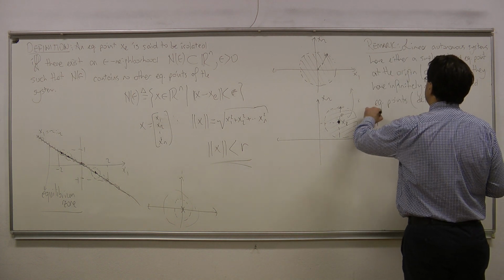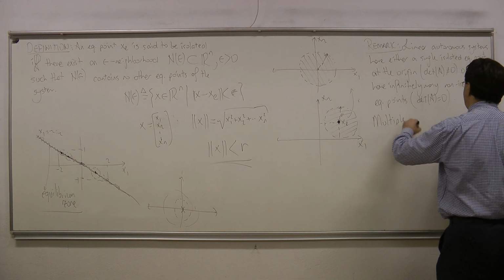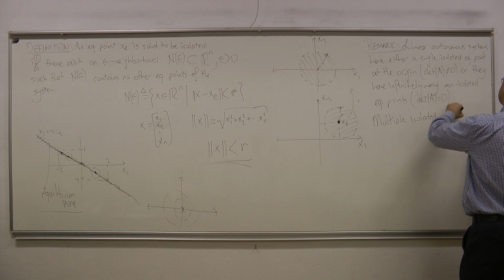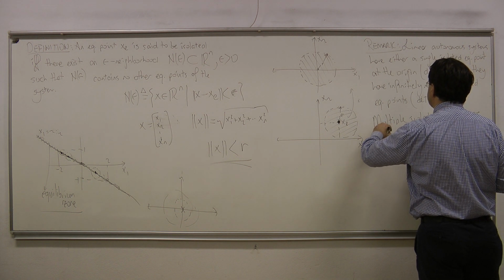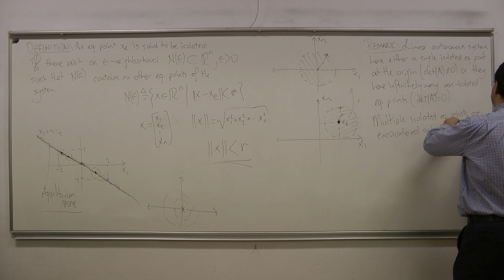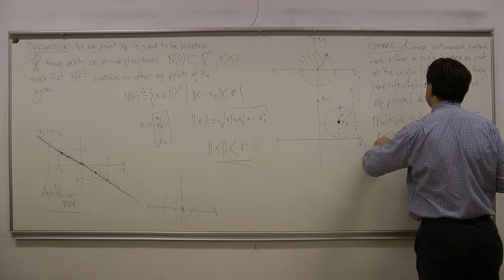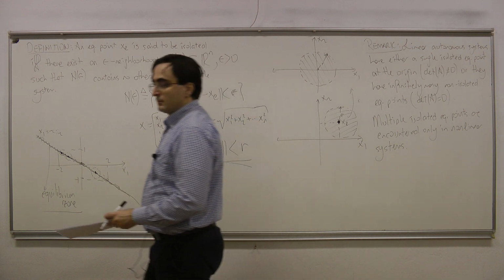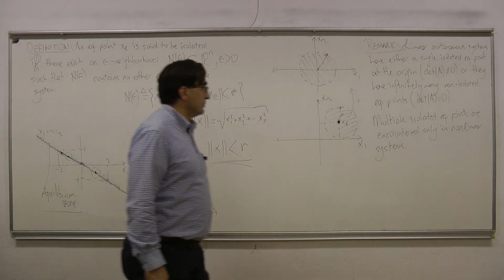So the last thing that I'm going to say in this remark is this. Multiple isolated equilibrium points are encountered only in nonlinear systems. Okay? What is an example?